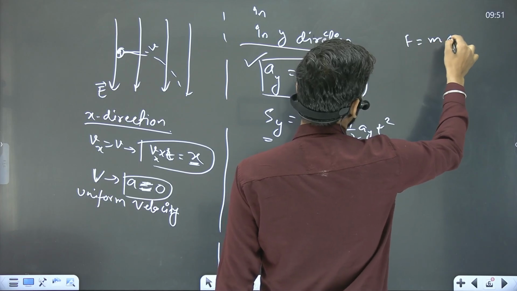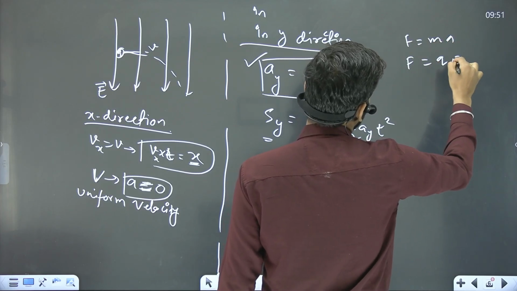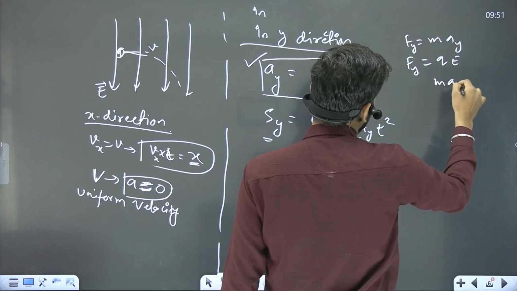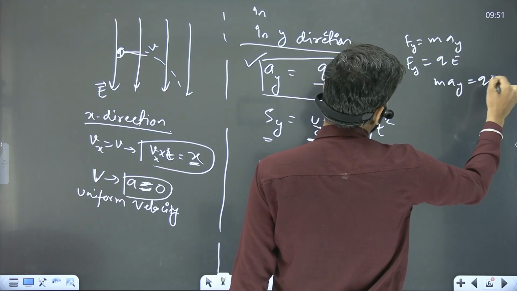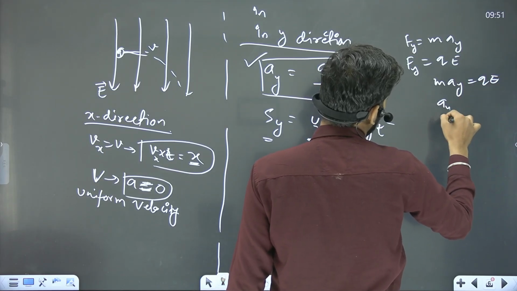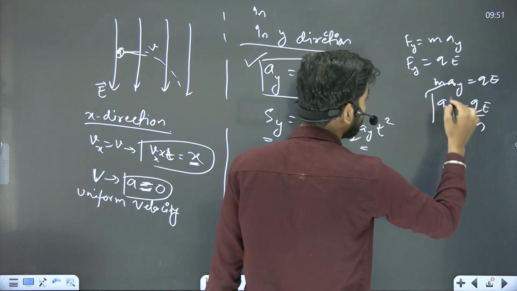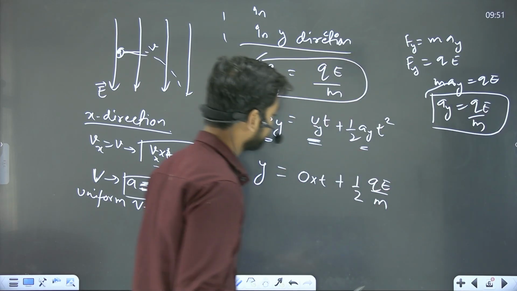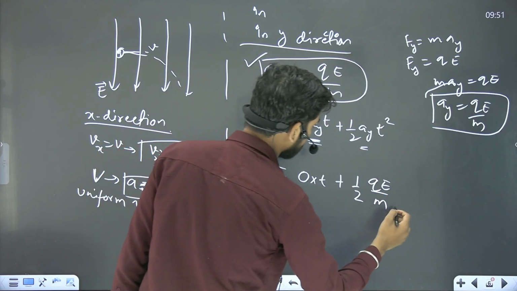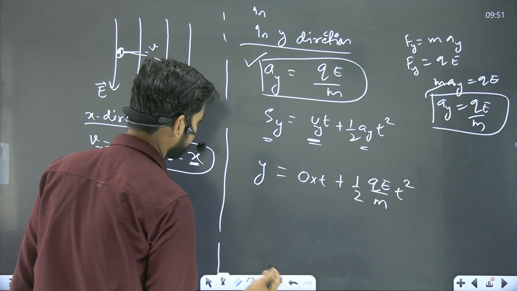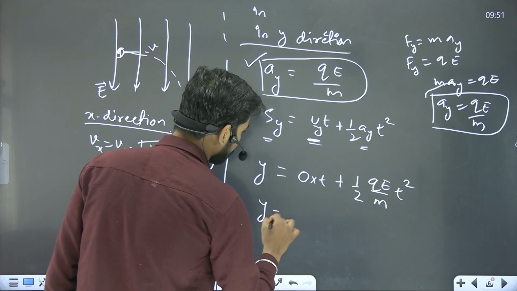F equals ma, F equals q into E. I'm finding this in the y direction. Then m ay equals qE, then ay equals qE by m.